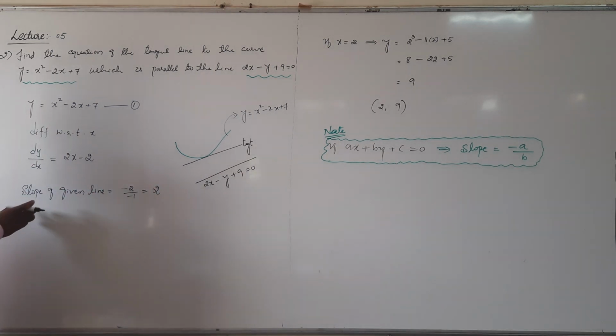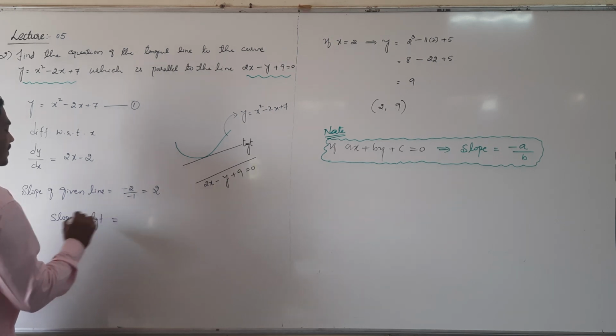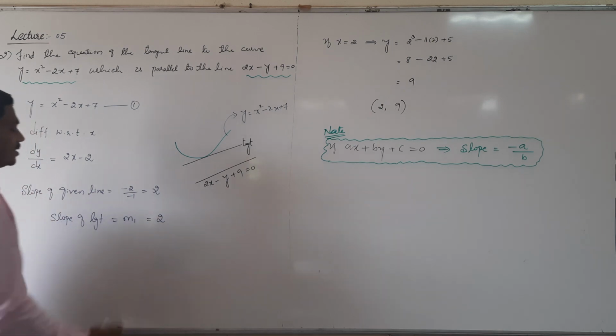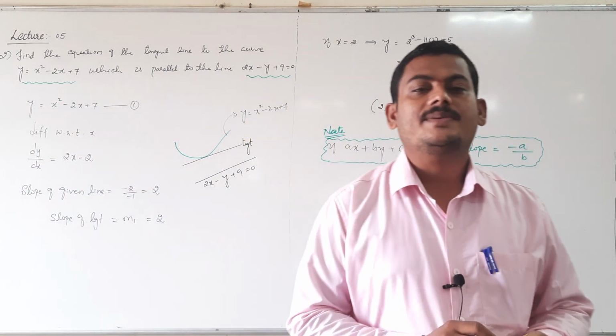Then what is the slope of the tangent line? The slope of the tangent is denoted with m1, that is equal to 2. The slope of the tangent line is the same as the slope of the given line. Why?